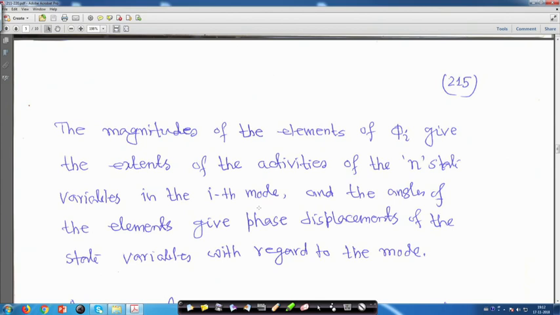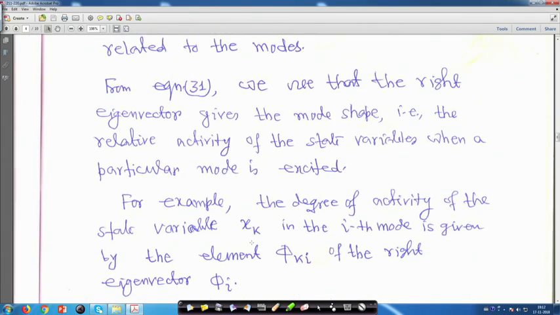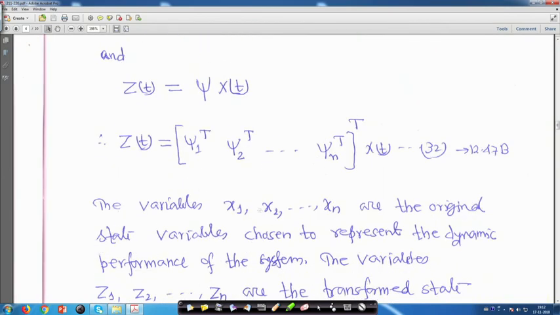Later we will see exactly what its meaning is, and the angles of the elements give the phase displacement of the state variable with regard to the mode. As seen from equation 32, this is a function of your left eigenvector.